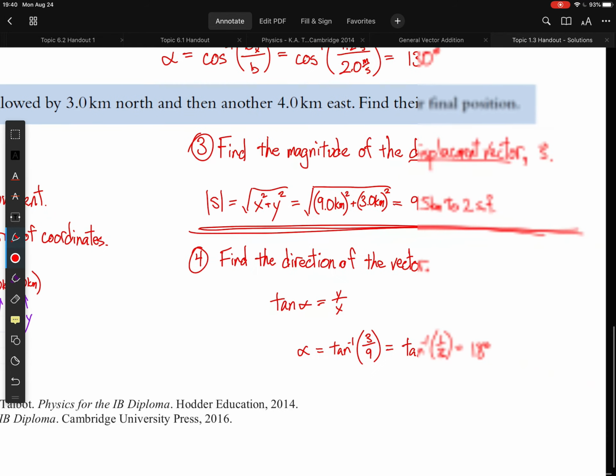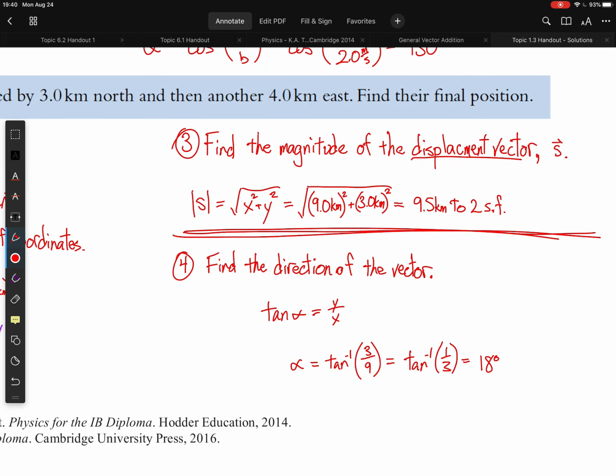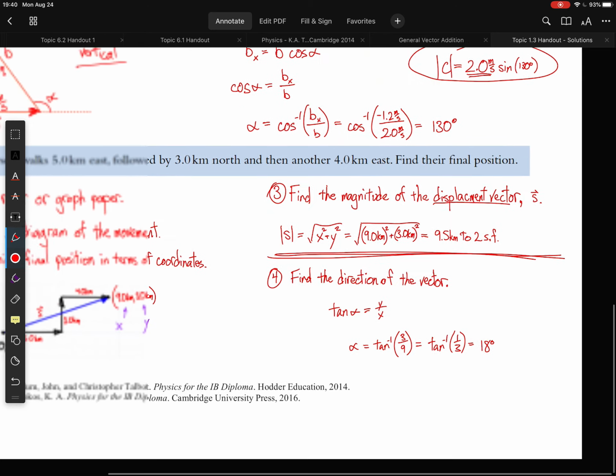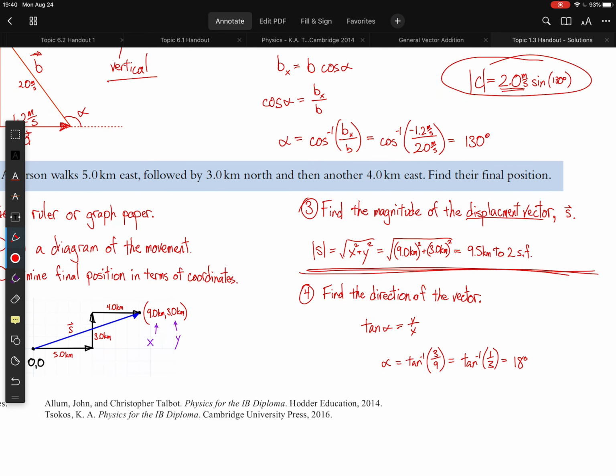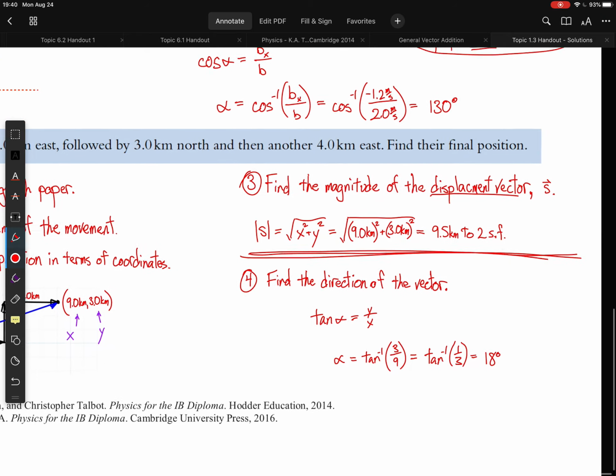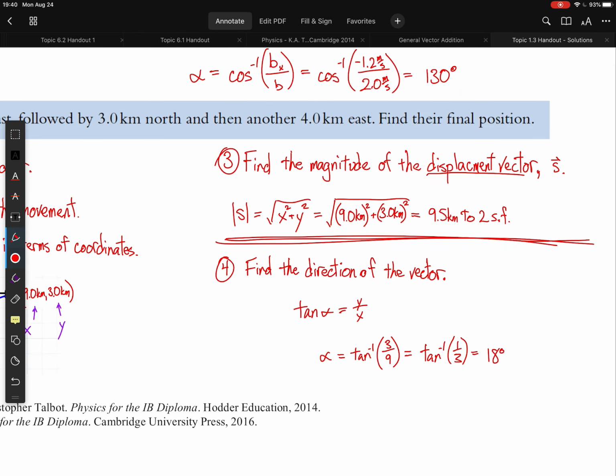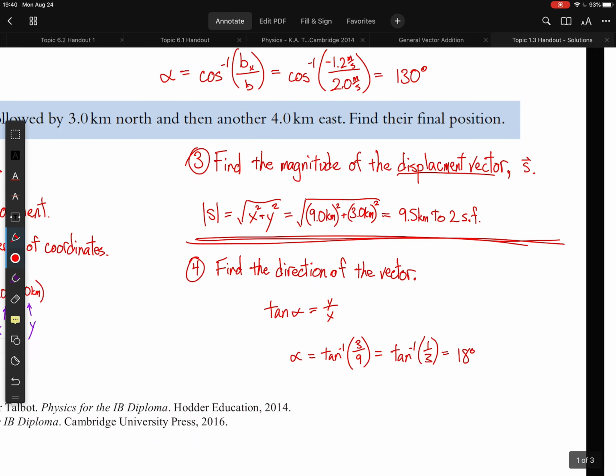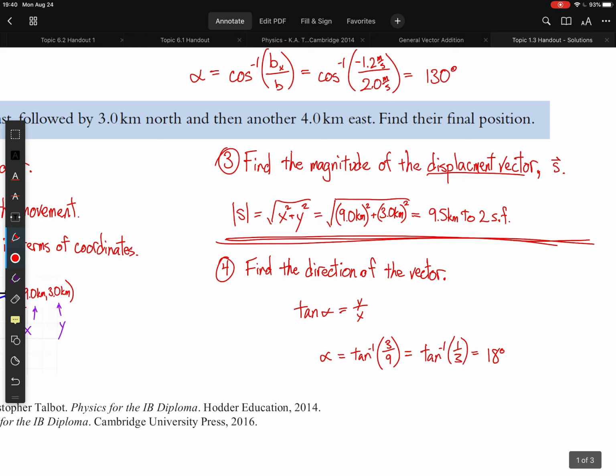Next, we're asked to find the magnitude of the displacement vector, and it's not super clear that this is what we are supposed to do, but this is what we are going to do because we have the information and we should use it. So we will find the magnitude of the displacement vector S by using the Pythagorean theorem.